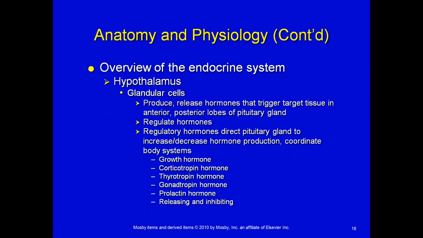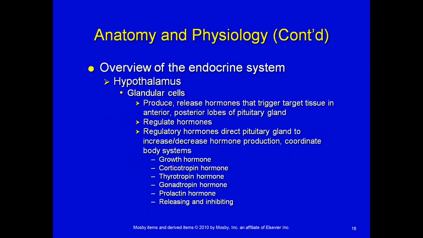The regulatory hormones that are released by the hypothalamus direct the pituitary gland to either increase or decrease hormone production and help coordinate different body systems and help maintain homeostasis. So some of the hormones released include the growth hormone, which of course determines how tall you grow. Lack of that would create dwarfism.